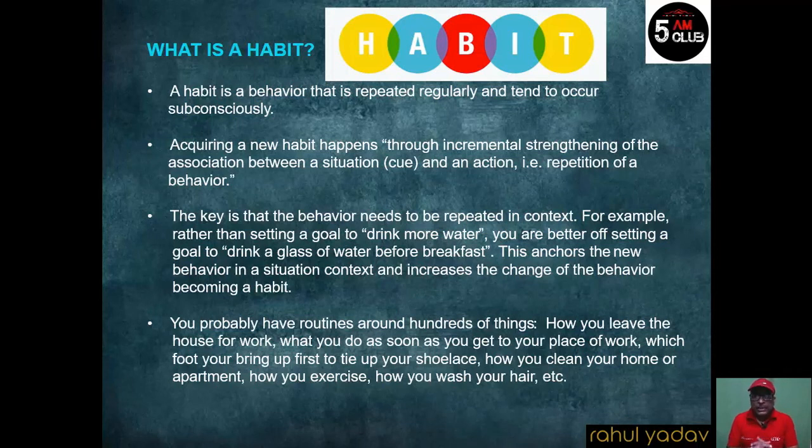Examples are how you leave your house for work, what you do as soon as you get to your place of work, which foot you bring up first to tie your shoelace, how you clean your home or apartment, how you exercise, and how you wash your hands and hair. Everything has a different way. Okay, now we move ahead.